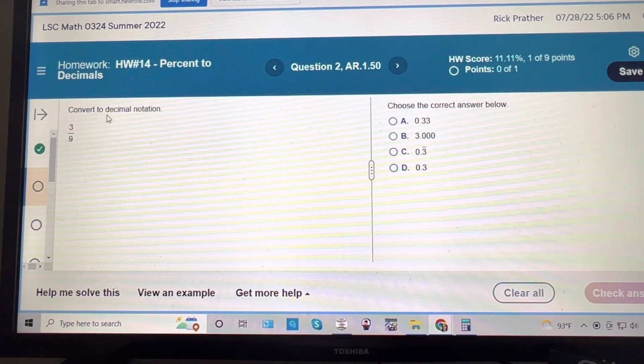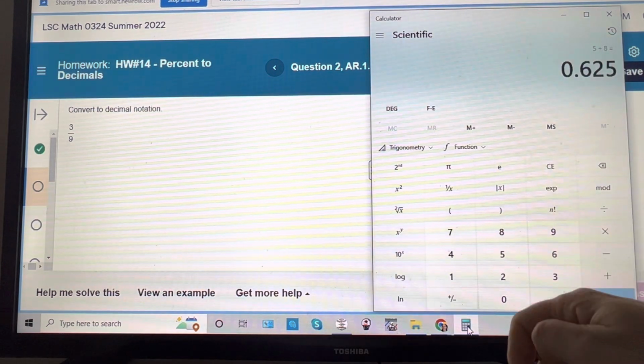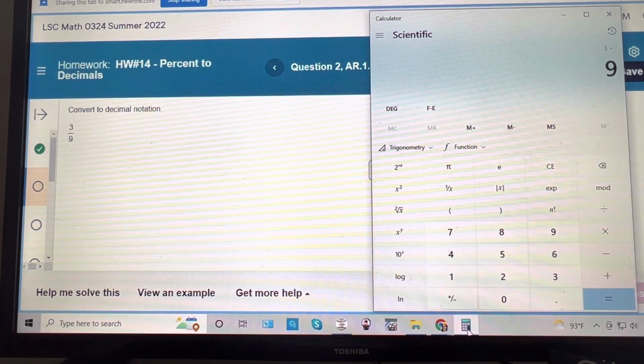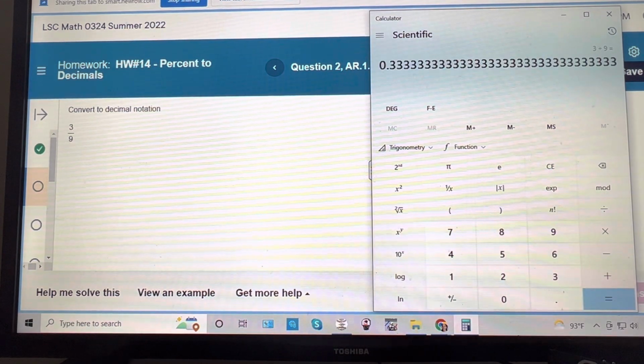Same thing here, convert to decimal notation. So any fraction, you should change it to a decimal first. 3 divided by 9, and this is a repeating decimal, 0.33333, repeating forever. Now this calculator displayed about 20 different 3's, and then it ran out of memory space.